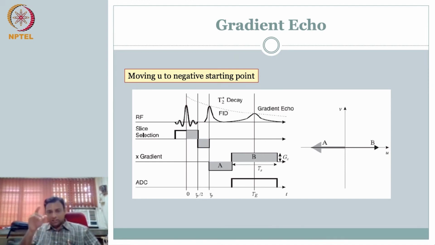Okay. So this is also an echo, but this is a gradient echo. So it is T2 star decay. That is the fundamental difference between spin echo and gradient echo. Both are echo, but the spin echo you get from applying an RF pulse, whereas gradient echo you get because of the switch in gradient.